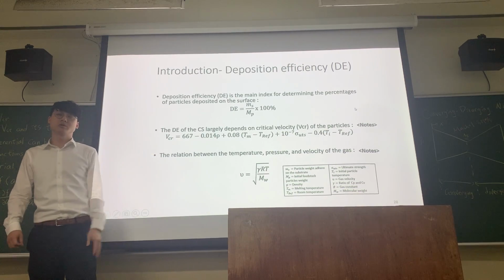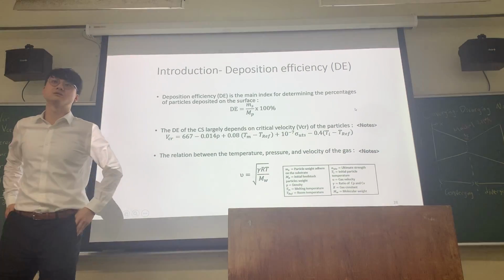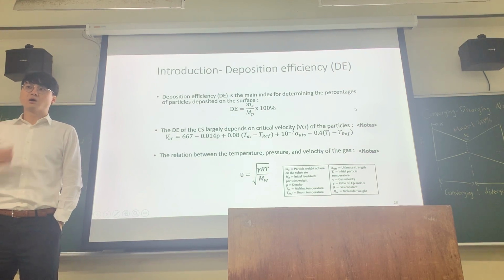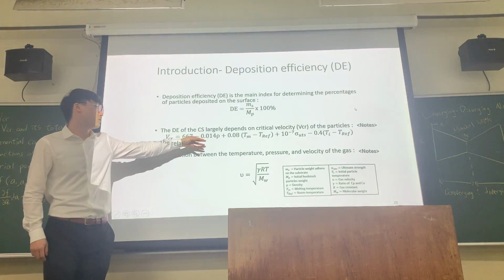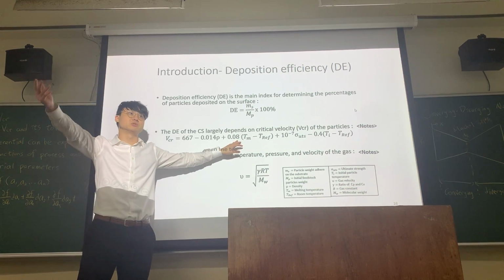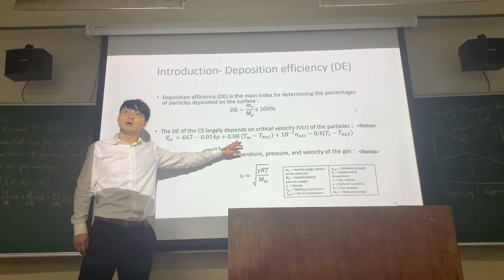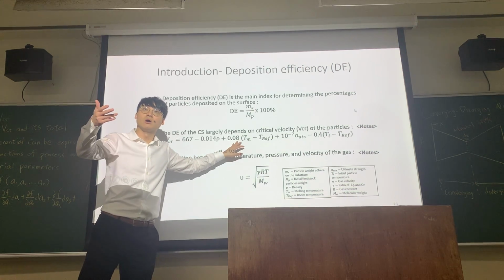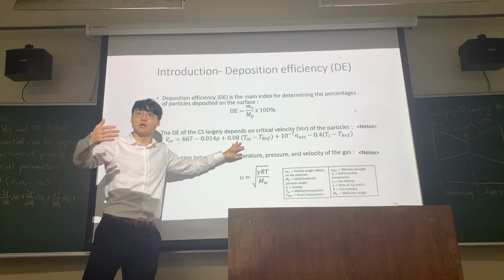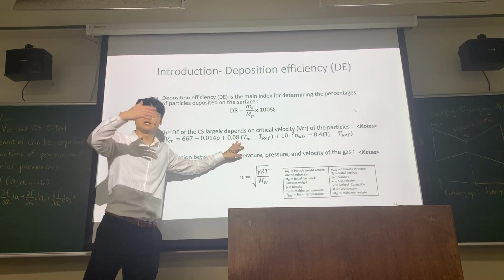So with this equation, it gives you some idea of the major determining factors of the particle velocity. Over here, you can see very clearly the melting temperature, right? If a particle has a higher melting temperature, it requires more pressure input, and velocity and pressure are correlated, right?